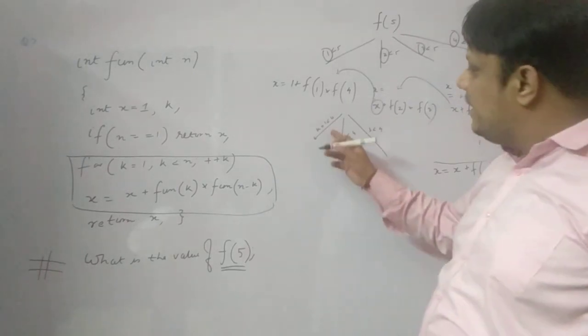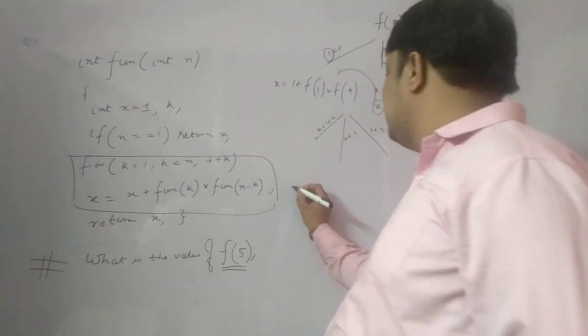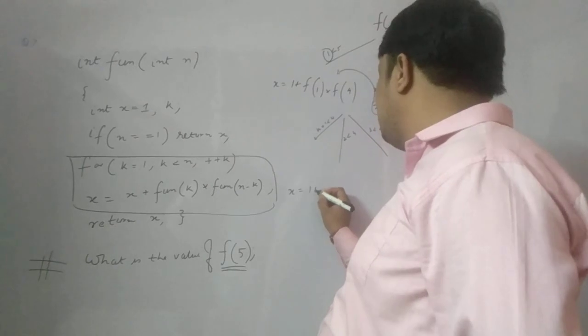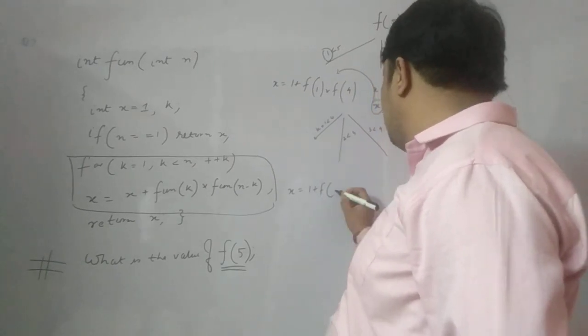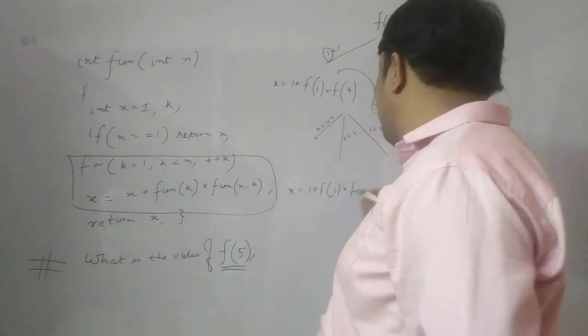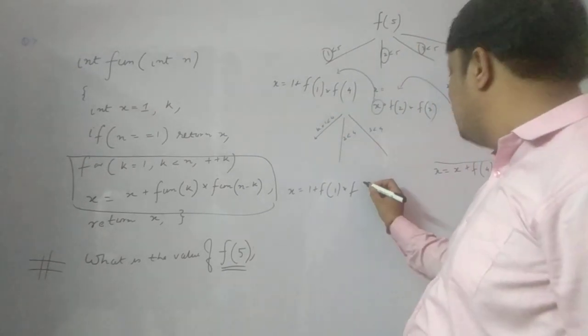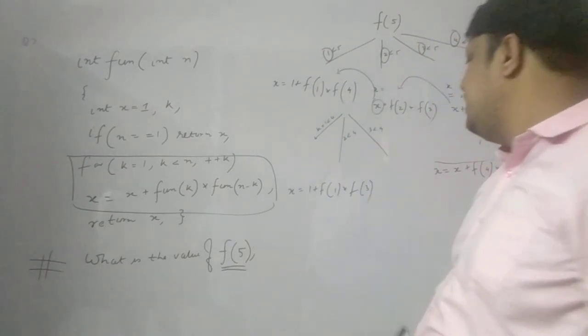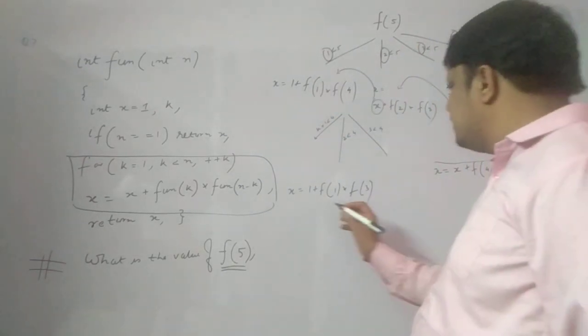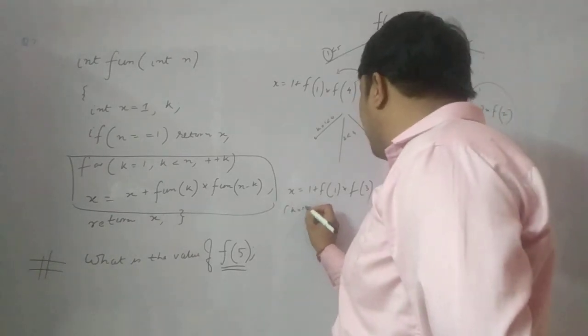Now once I evaluate k equals 1 less than 4, what will happen? x is equal to 1 plus function, the value of k is 1, f1 multiplied by n minus k. 4 minus 1 is 3, right? This is when k is equal to 1.